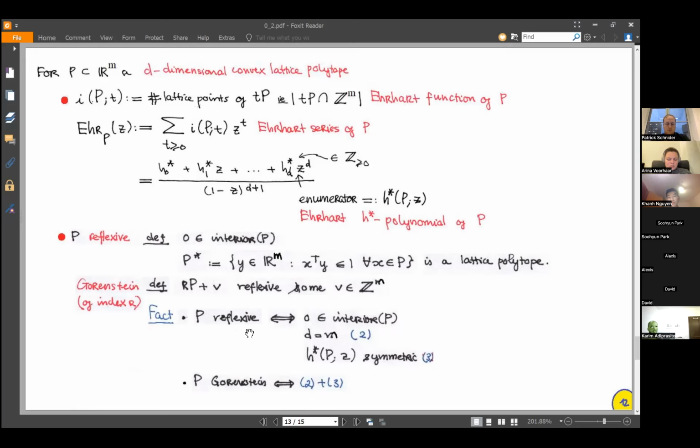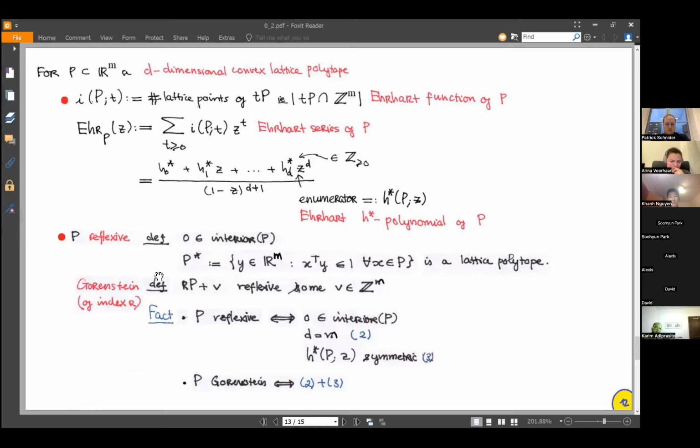P is reflexive if and only if its interior contains 0, and the dimension of the Ehrhart series equals m, and the h star polynomial of P is symmetric. So we number the first condition by 1, the second condition by 2, and the next condition by 3.